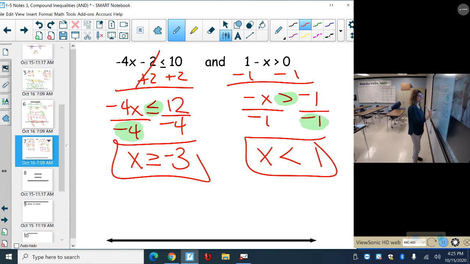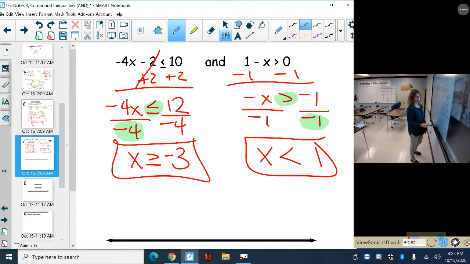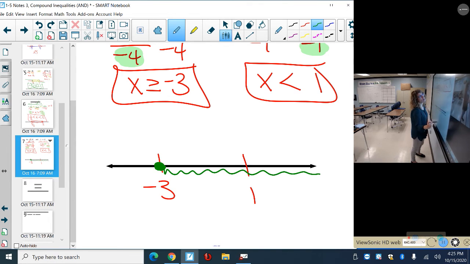So these are my 2 values that I need to put on a number line. If I'm putting those on a number line, which one's smaller? Is -3 smaller or is 1 smaller? -3 is smaller, 1 goes on the far right, and at -3, it is a closed dot, and I want everything greater than that, so I'm shading to the right.